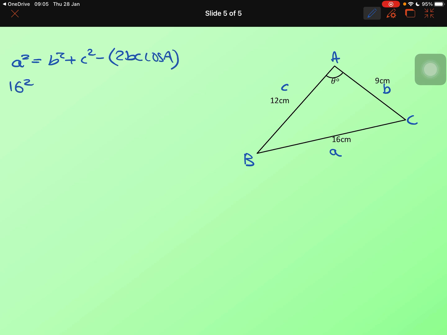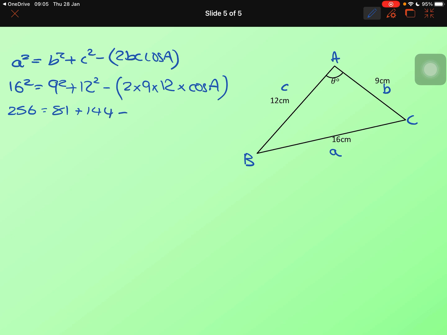So we go 16 squared equals 9 squared plus 12 squared, subtract 2 times 9 times 12 for B and C times by cos A. Work out as much as you can. So 16 squared gives us 256. 9 squared is 81. 12 squared is 144.